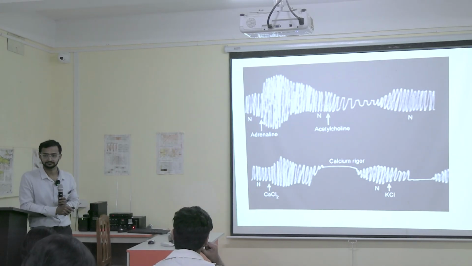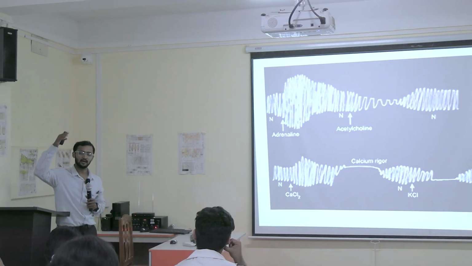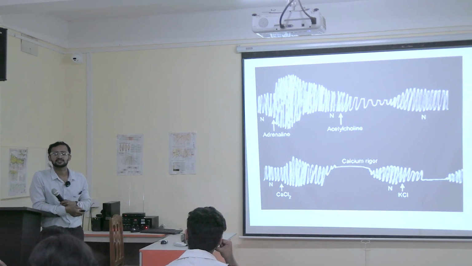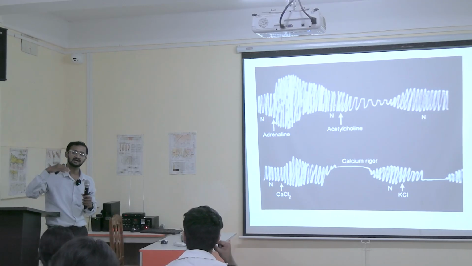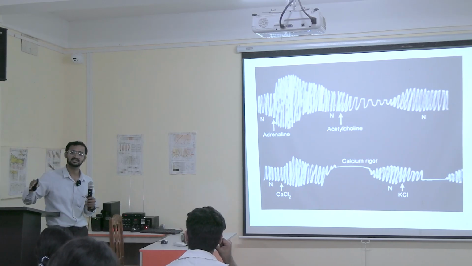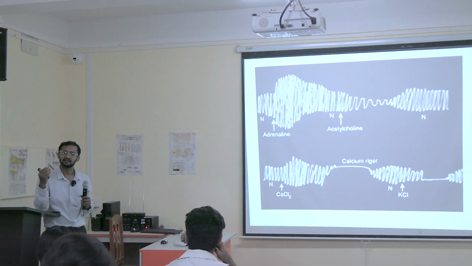Hyperrepolarization. Depolarization. What are the phases of the action potential? Depolarization. So what is the phase after repolarization? Do you know? The hyperrepolarization phase. There, the potassium is increasing, and the intracellular part is getting more negative.